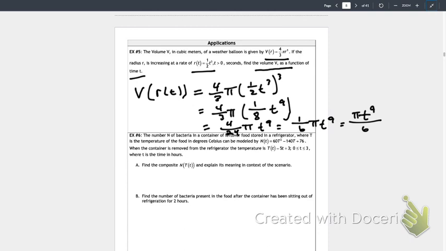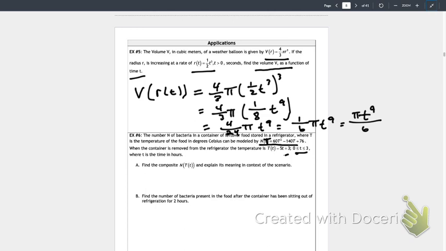All right, on the next one, we've got the number of bacteria in a container of leftover food stored in a refrigerator, where T is the temperature of the food in degrees, can be modeled by this equation. This should have been a capital T right here. Sorry about that. When the container is removed from the refrigerator, the temperature is T of t equals 5t plus 3. It's specifically for this time period, where the time is in t hours.